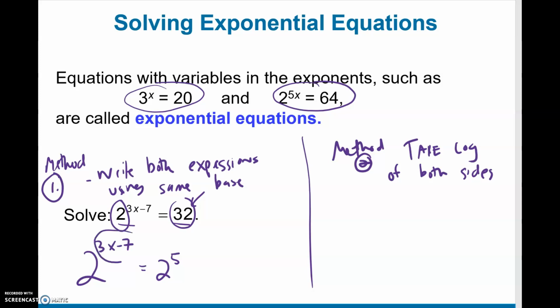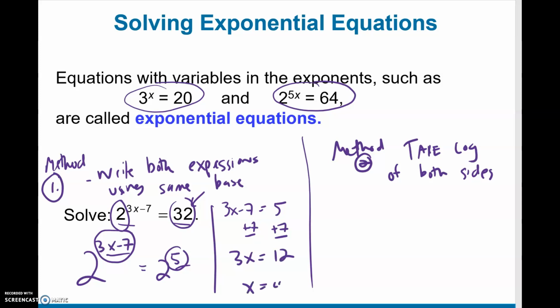Then if 2 to the 3x minus 7 is equal to 2 to the 5th, we can just drop these bases and equate the exponents, and I end up with 3x minus 7 equals 5. And I've got a basic linear equation to solve. No problem. So look out for those.